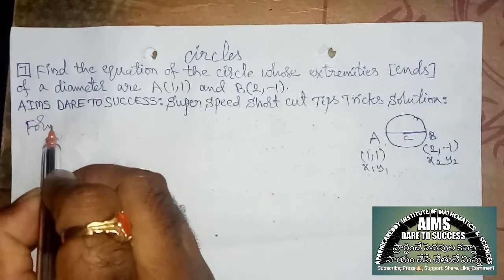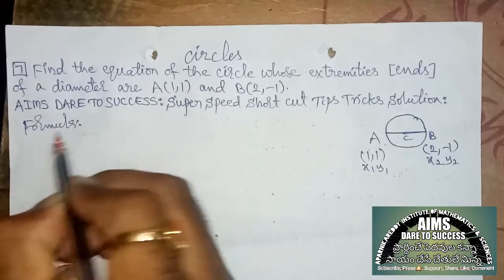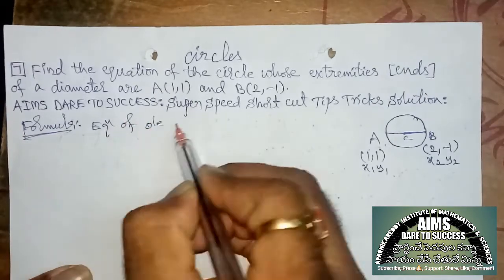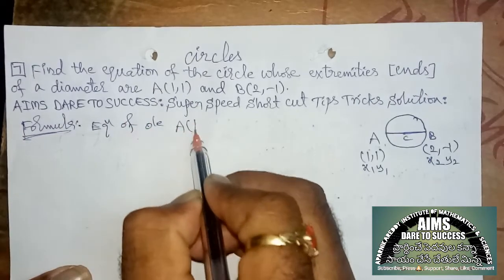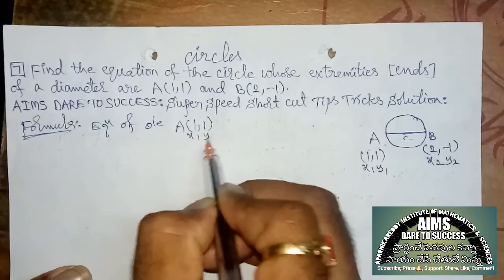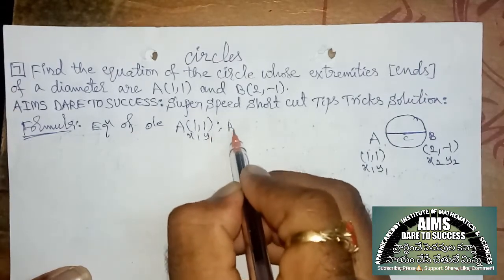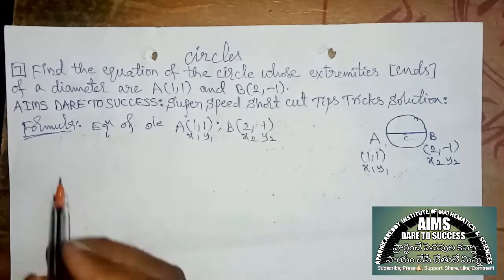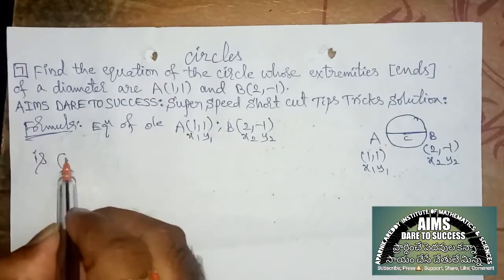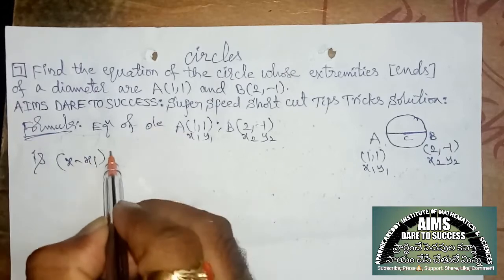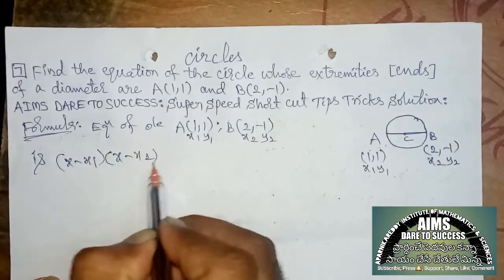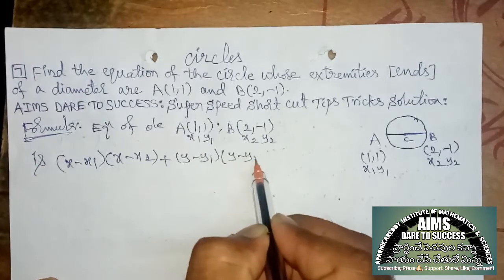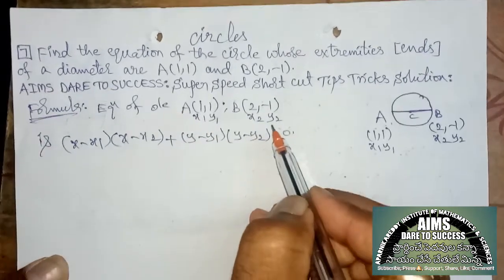Now I am writing the simplest and smallest formula. Equation of the circle, ends of the diameter A (1, 1) is (x1, y1), next B (2, -1) is (x2, y2): (x - x1)(x - x2) + (y - y1)(y - y2) = 0.